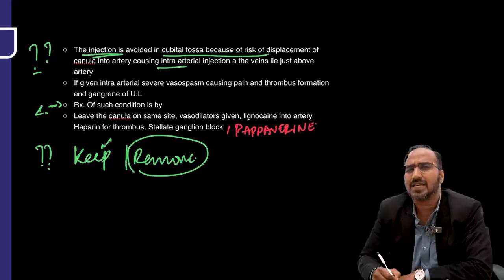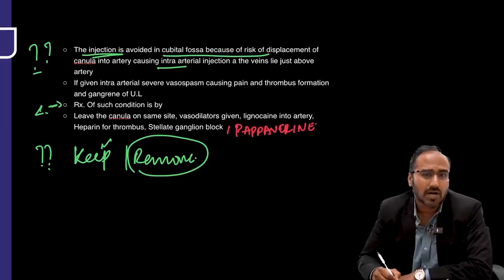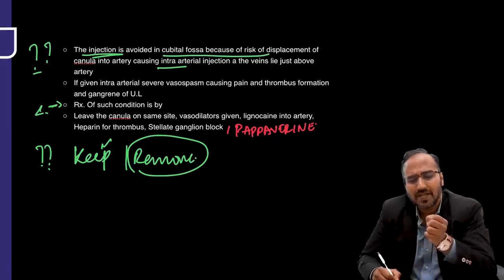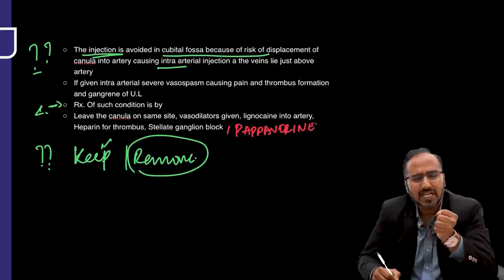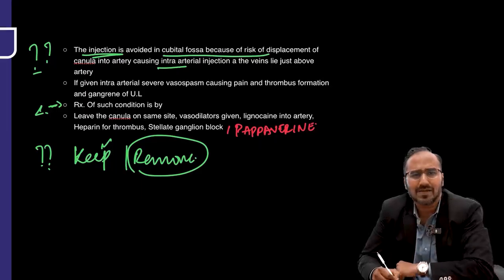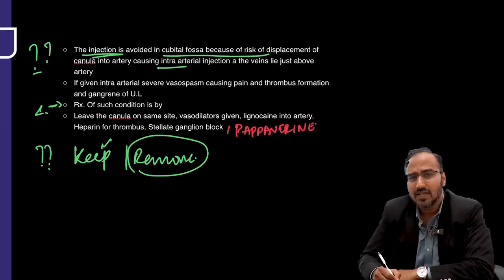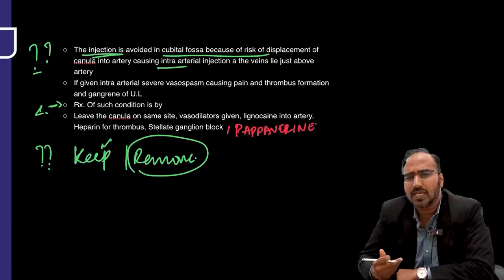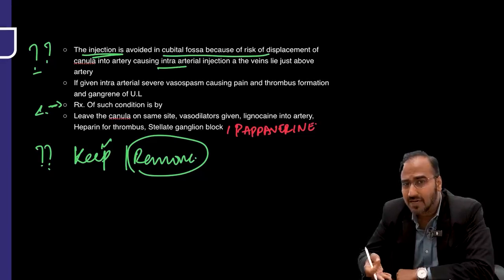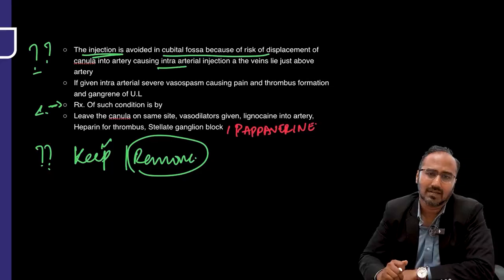The main reason for keeping the cannula is you can give the management of this condition through that cannula. The patient develops vasoconstriction. The patient develops thrombosis due to the sodium thiopentone. What can you give? By keeping the cannula, you can give papaverine, you can give vasodilators, you can give heparin, right?